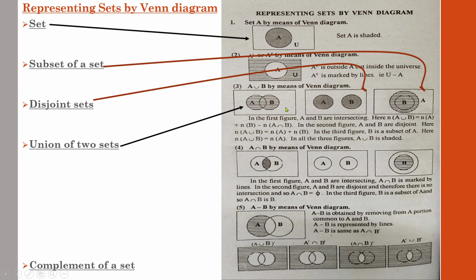The meaning of this picture is union of sets. And there is an equation regarding that. Union of set is represented by n(A union B) = n(A) + n(B) minus n(A intersection B).